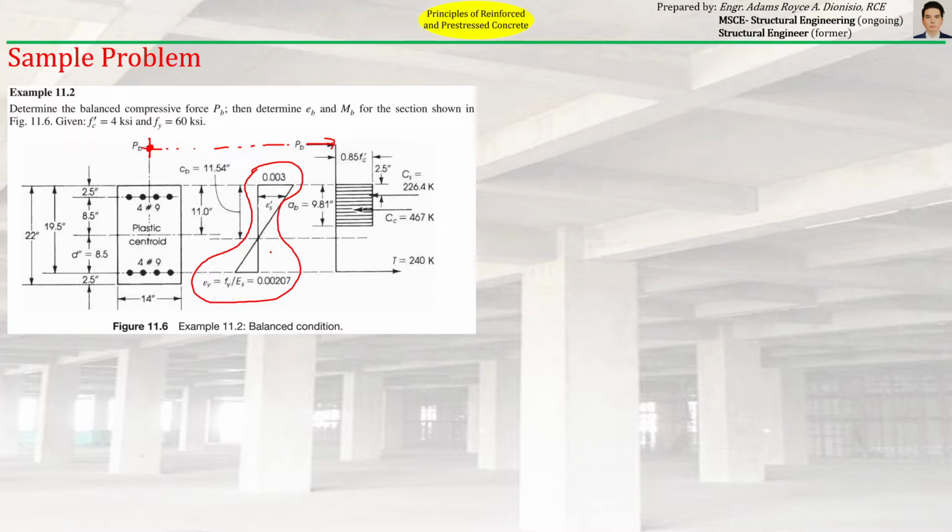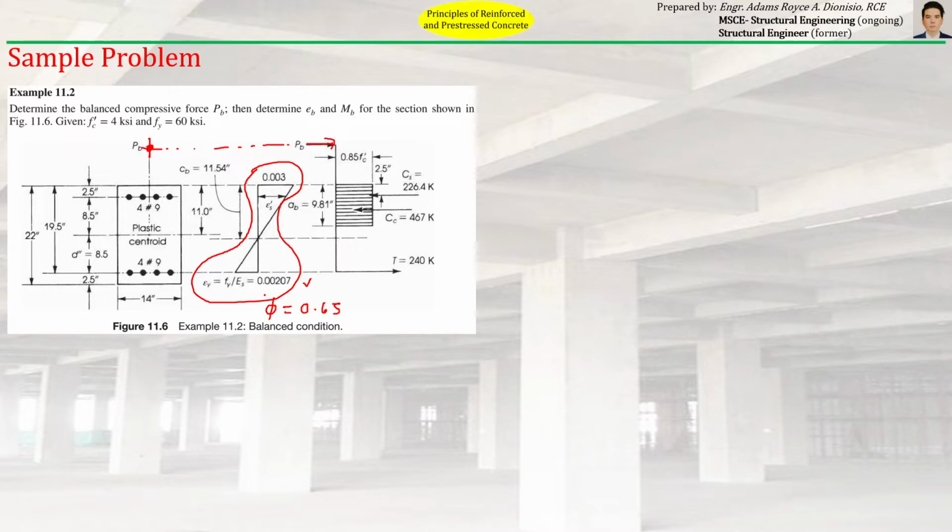First things first, we have computed the yield strain, 0.00207. If we compute the strength reduction factor phi, most probably phi is just equal to 0.65, compression controlled. Why?